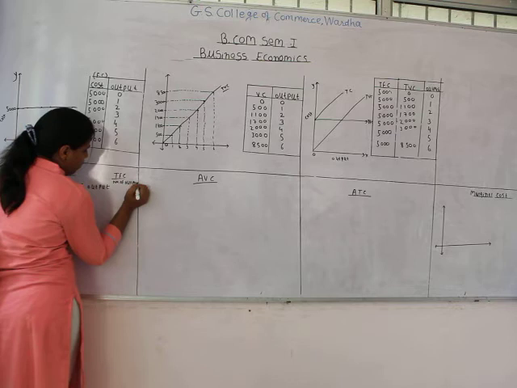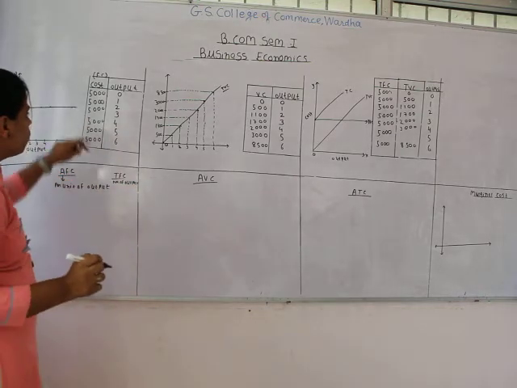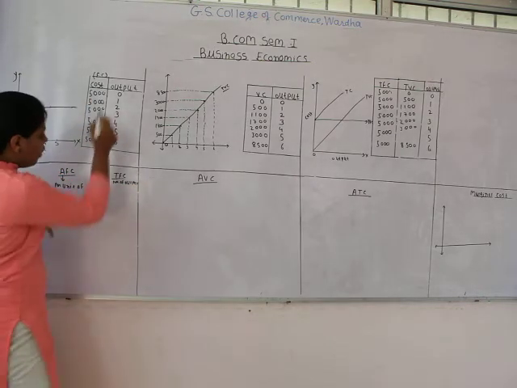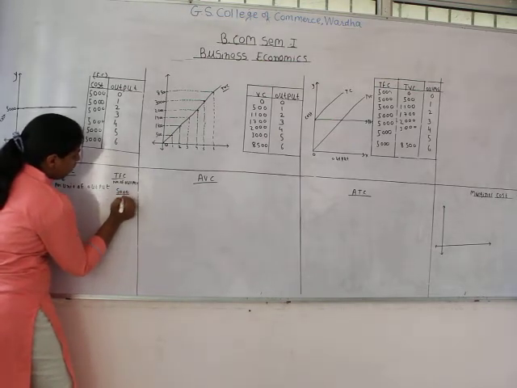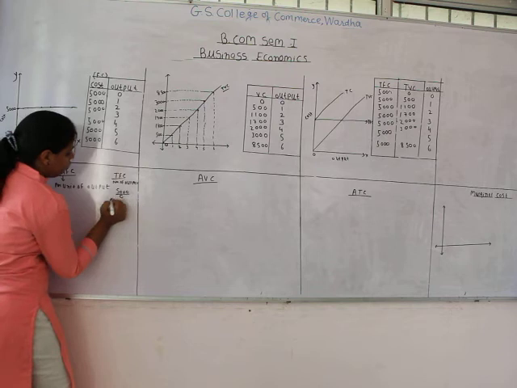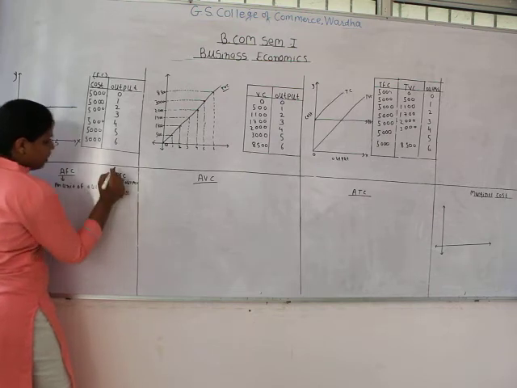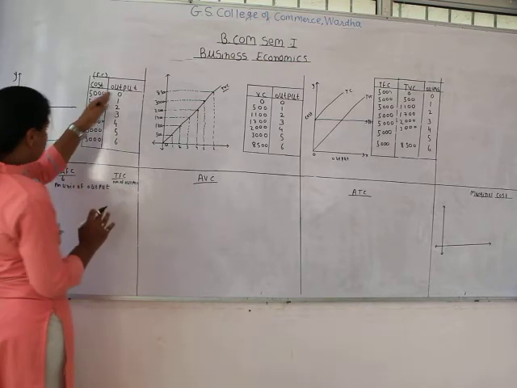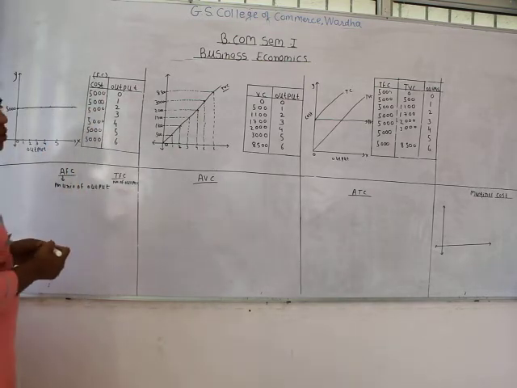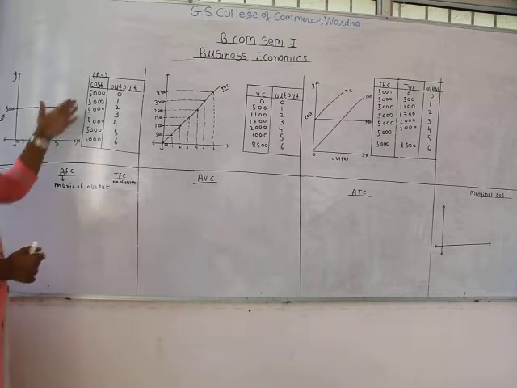You can see that even though the output is 0, the total fixed cost is still 5000.